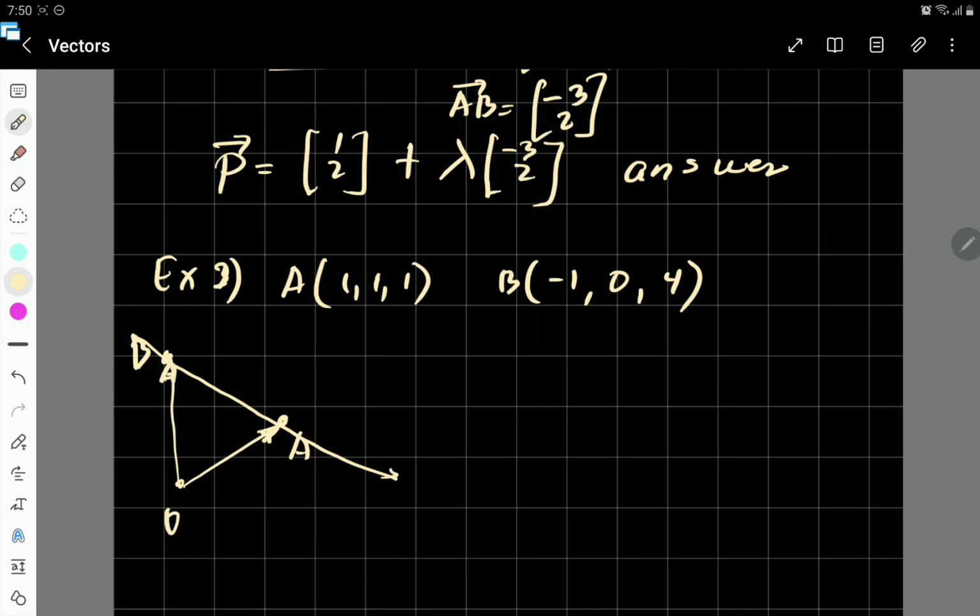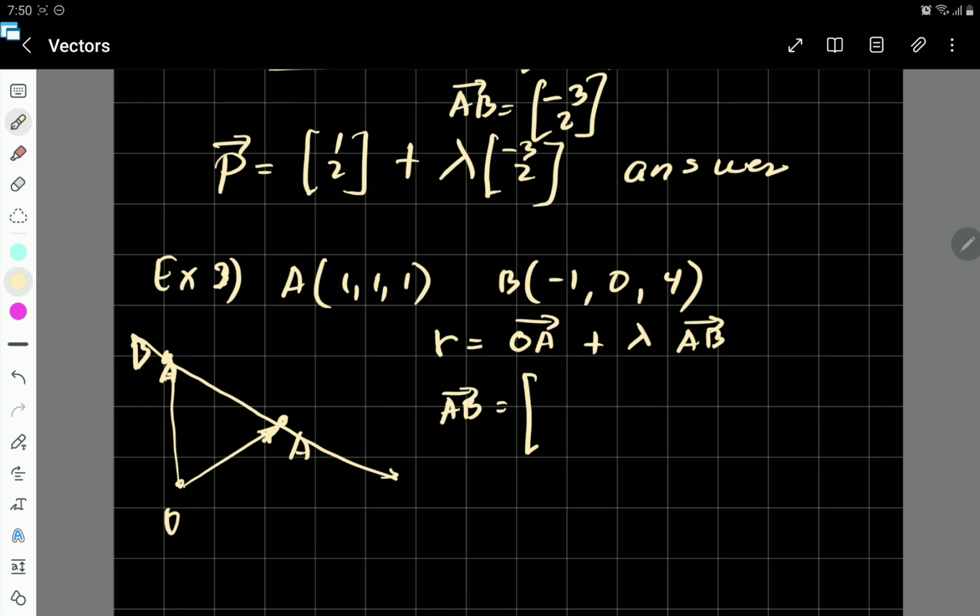Again, what do we need? We need R. What is the letter being used in the book? Okay, I will use R because it's the one that's written in the book. So the R is equal to any point, let's say OA, plus lambda of the direction AB. So what is your direction? Let's find the direction because direction is important.